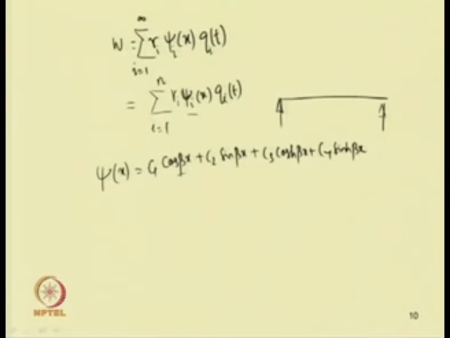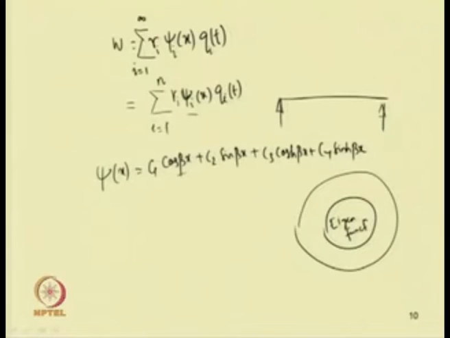The eigenfunction satisfies both the differential equation of motion and all the boundary conditions, and one can have another set of functions also. So, that is the comparative function.